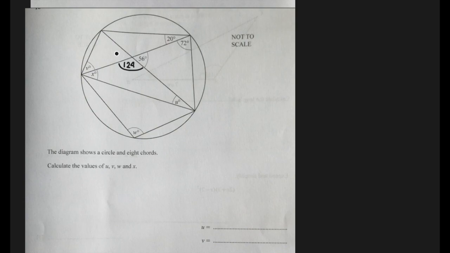This is 56, this will also be 56 because they are vertically opposite angles. This will also be 124 degrees by the same reason. So now in this triangle, we know 124 and 20, which is 144 in total. That means the remaining 36 will be this. Unfortunately, they have not asked any one of them, right?